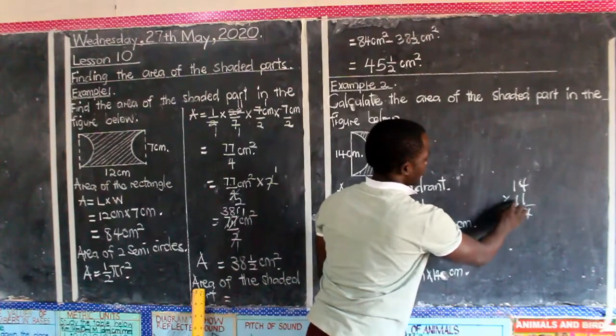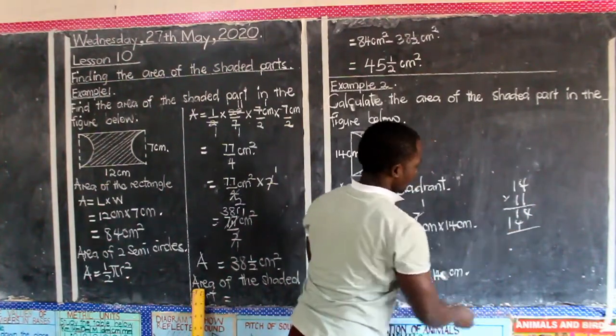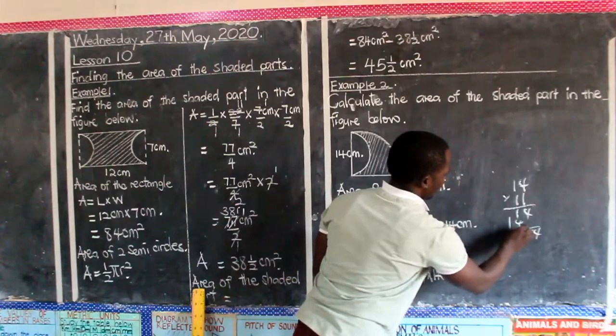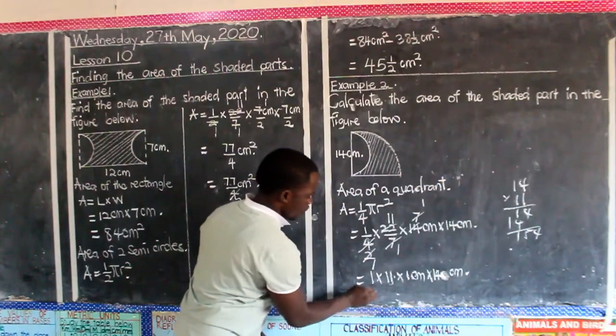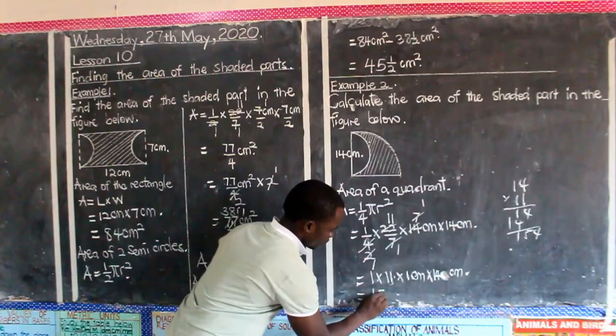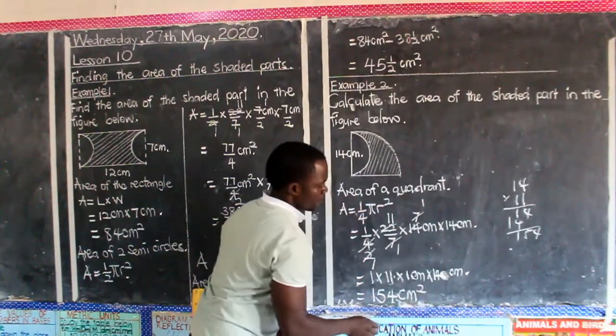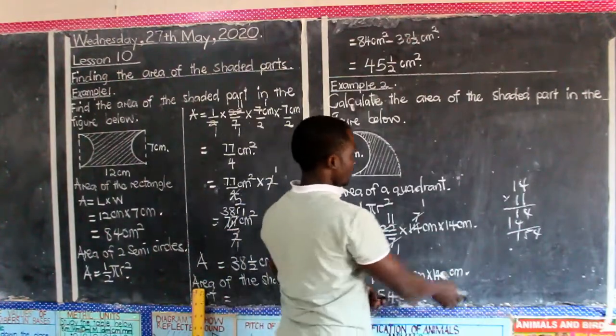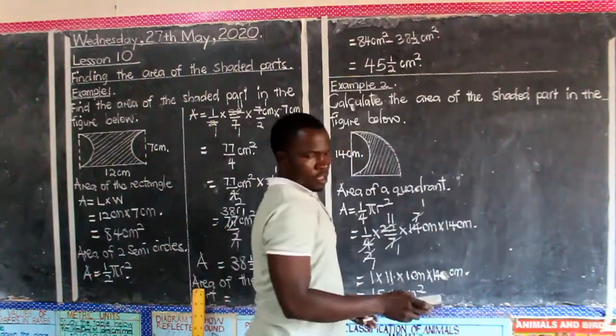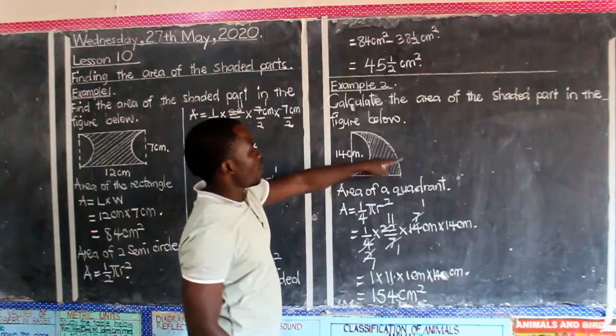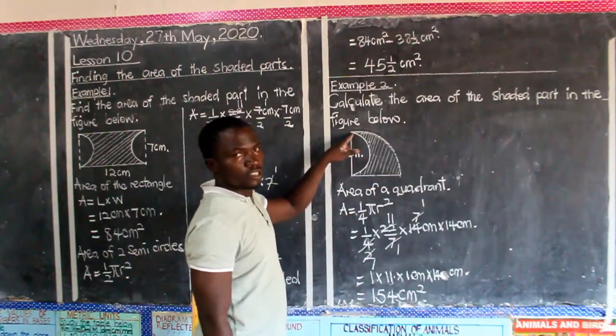This is 4, 1. This is 4, 5, 1. So the area of this quadrant is 154 square centimeters.